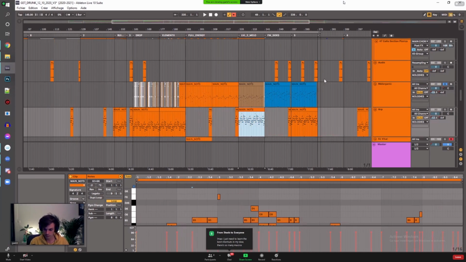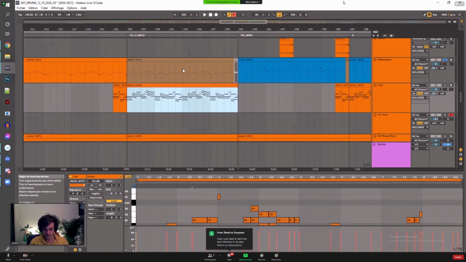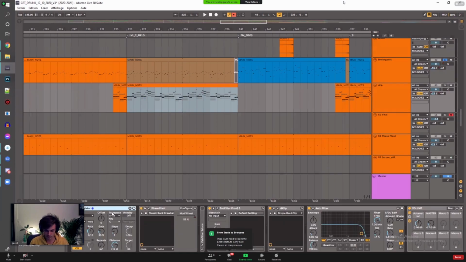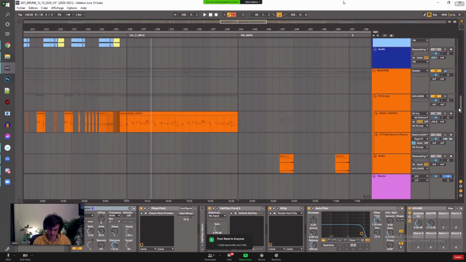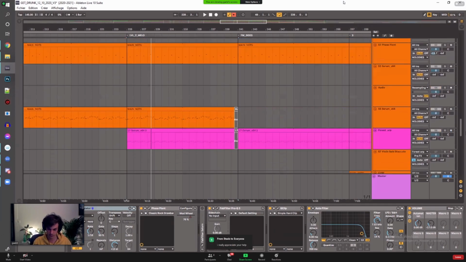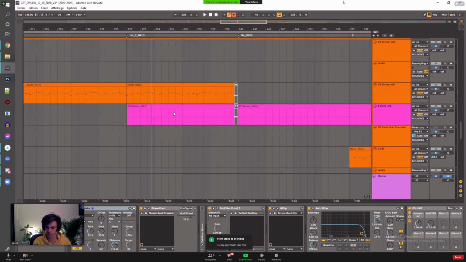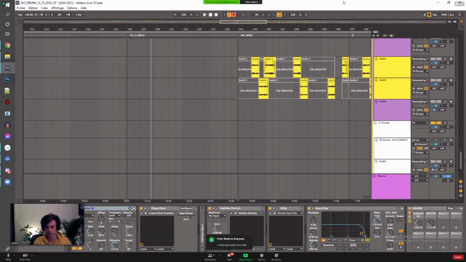So even my arps, I just place my chord progression here and put an arpeggiator on it, and it gives me really complex stuff. But basically, it's just all the time the same. So yeah, it can be really quick when I have a good chord progression. It can be really quick to arrange an entire track from that.